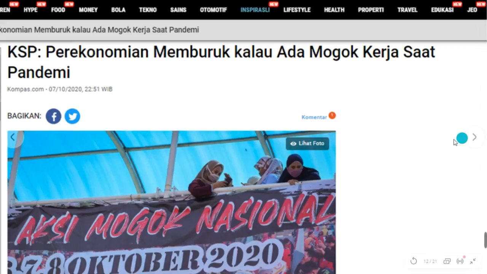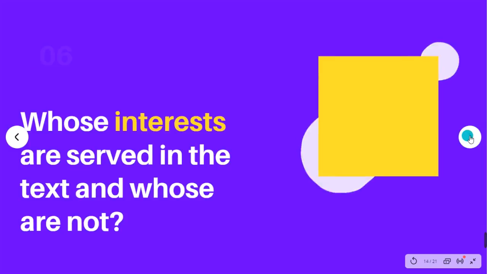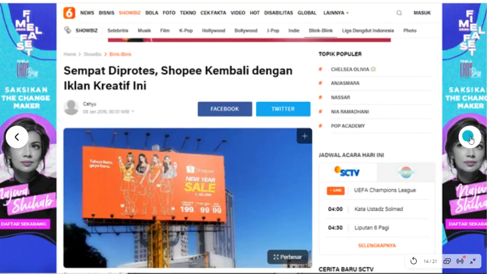Perhaps the missing information will be the cause of the demonstration itself, the feeling of the workers regarding the laws that have been issued before, which do not support their position as workers. The next question is, whose interests are served in the text and whose are not? Okay, let's see this example.